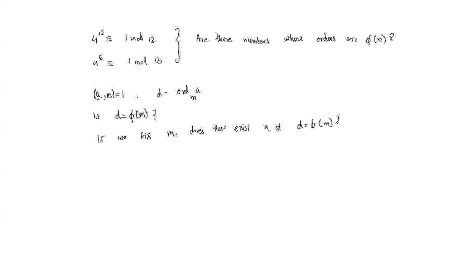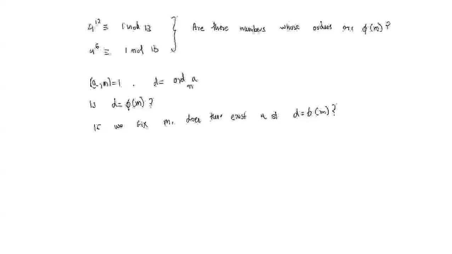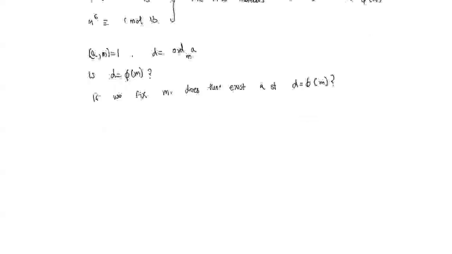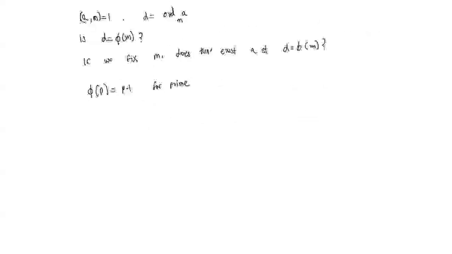Now why do we care about this question? We care a lot because we know what phi of m is. We know the formula for phi of m. We know that phi of p is p minus 1 for prime, and there is a general formula for phi.